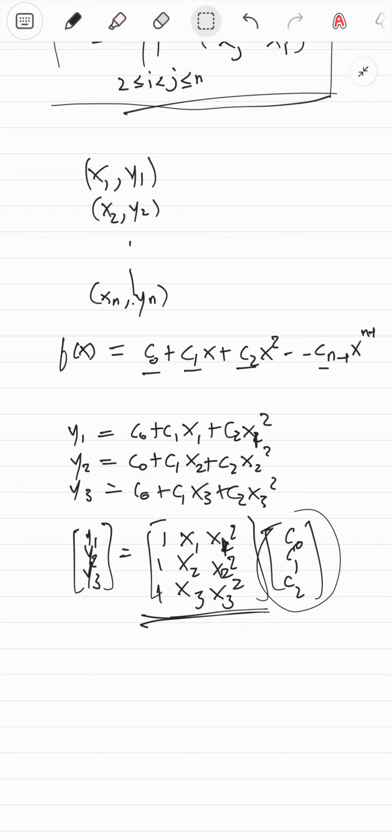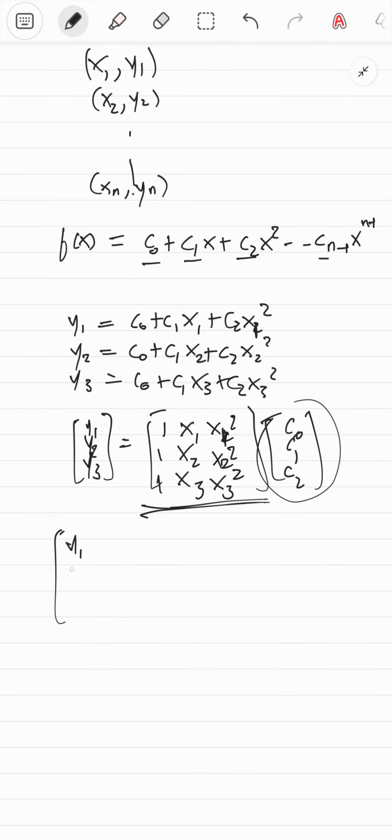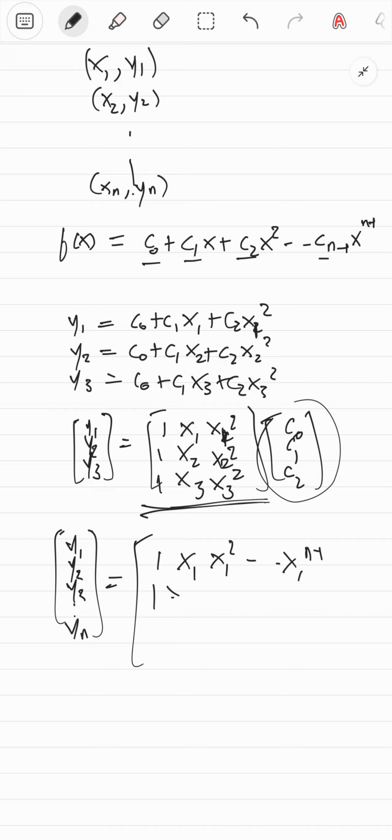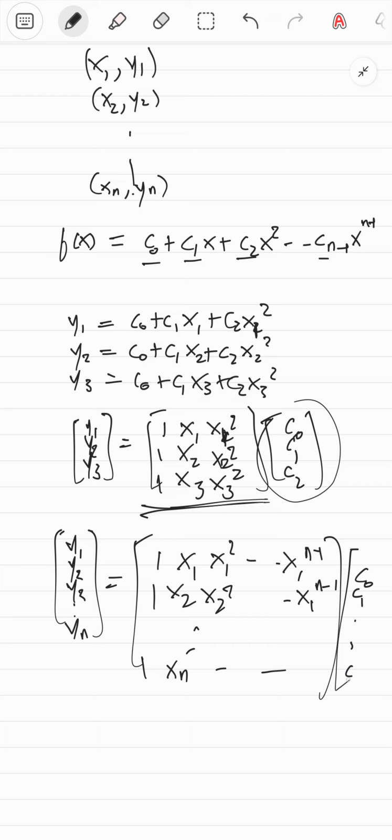And this is not just for quadratic, this is for any kind of polynomial. So you could have a bunch of these equations, something like this: y1, y2, y3, so on till yn, equal to this matrix with rows 1 x1 x1 squared all the way to x1 power n minus 1, and then 1 x2 x2 squared all the way to x2 power n minus 1, and so on till xn, and this time c0, c1, so on till cn minus 1.